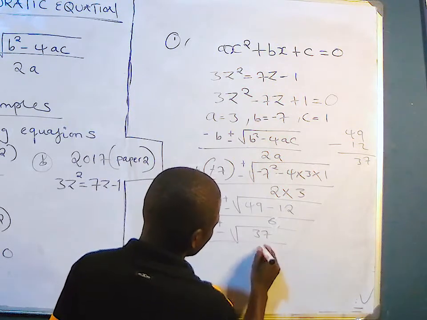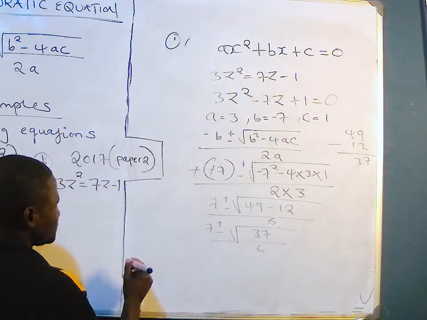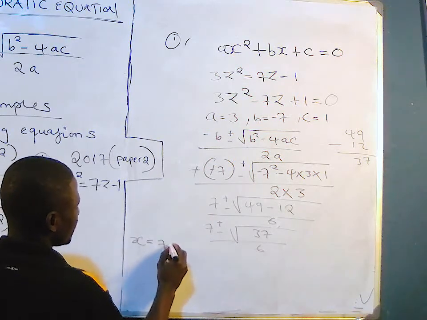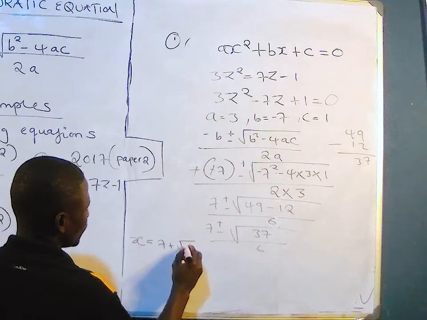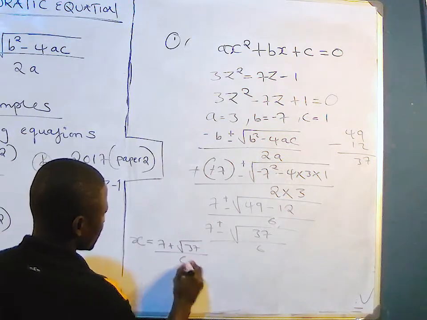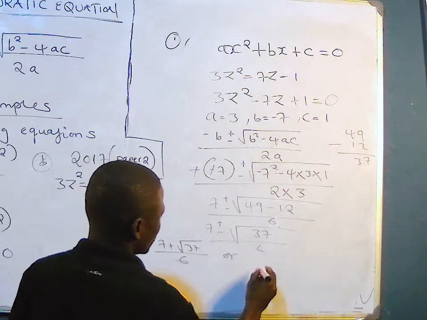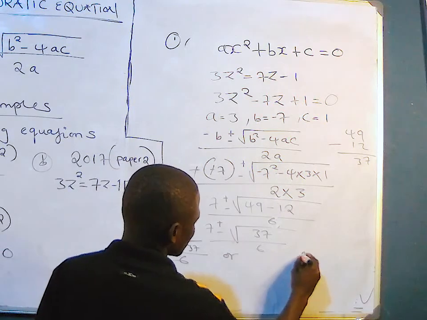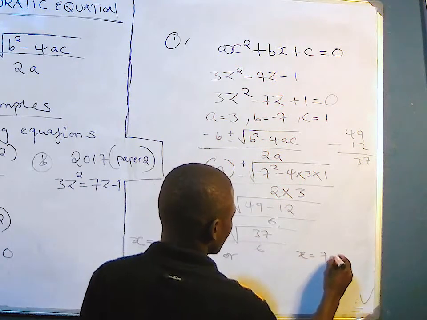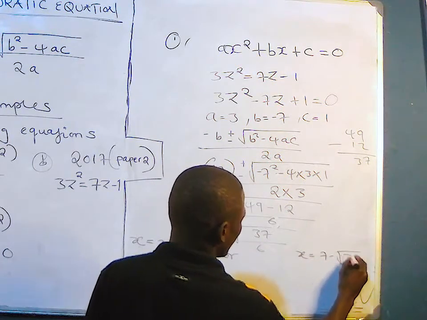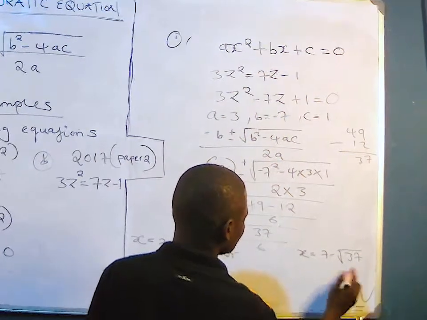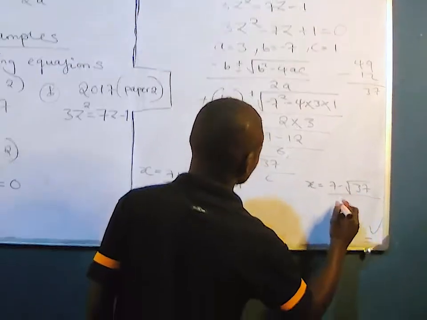Over 6. So now we say x will be equal to 7 plus the root of 37 over 6, or x is equal to 7 minus the root of 37 over 6.